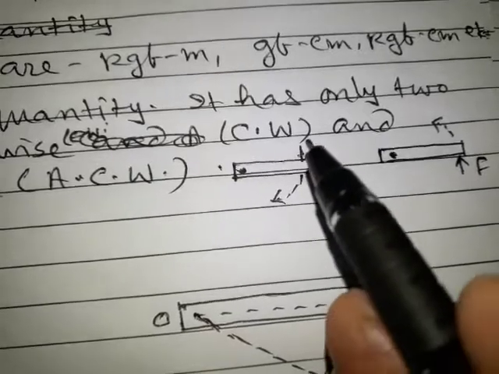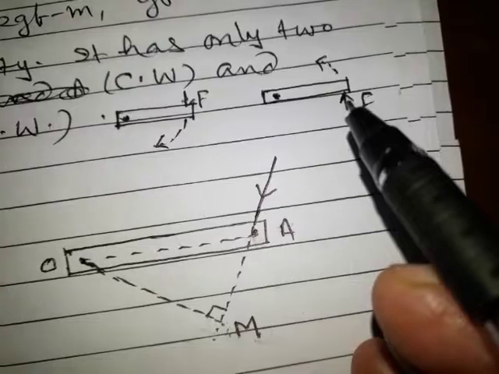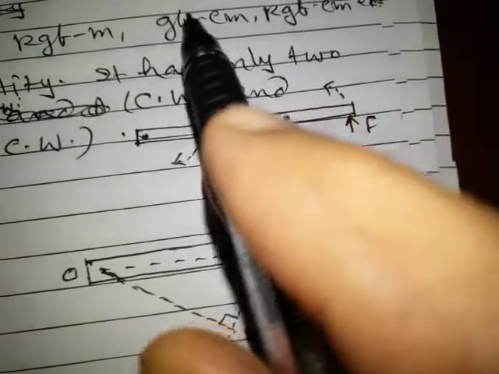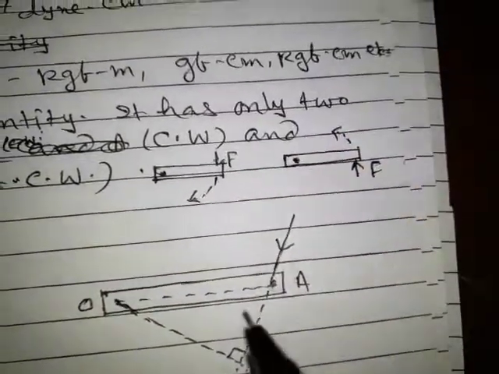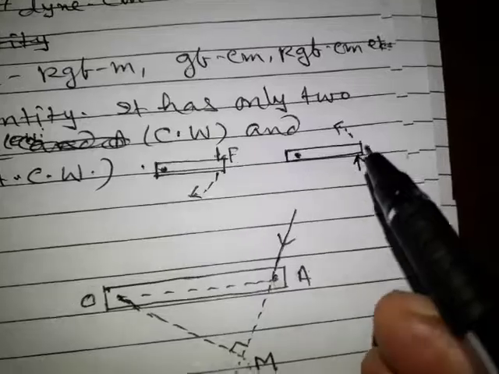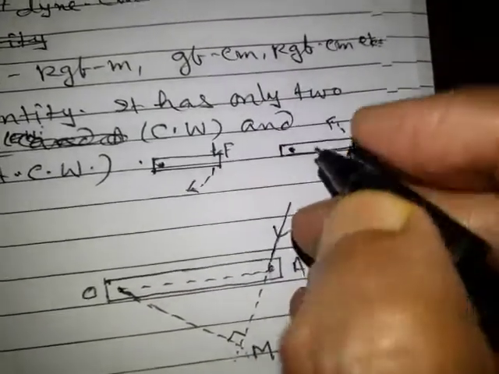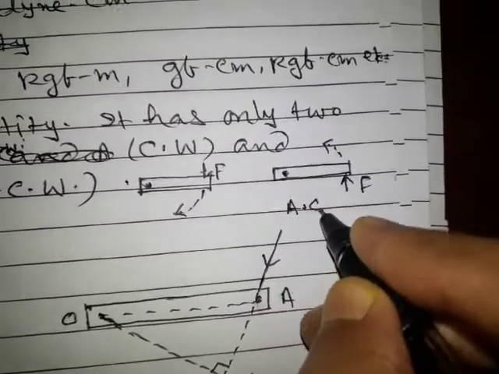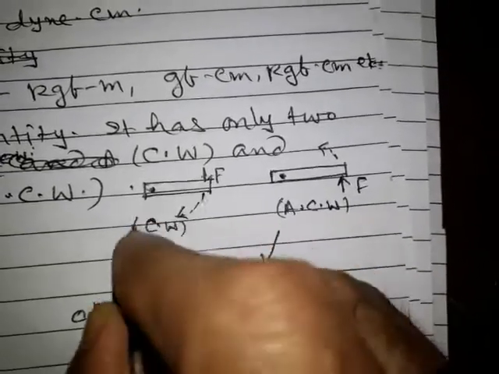So this force has clockwise movement, and this one has anti-clockwise movement. It has a tendency to rotate the object opposite to the hands of the clock. The clock's hands are moving this way, and it has the tendency to rotate in this way. So this we call anti-clockwise. This is anti-clockwise movement, and this is clockwise movement.